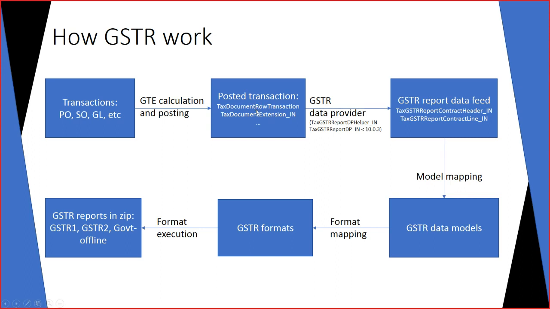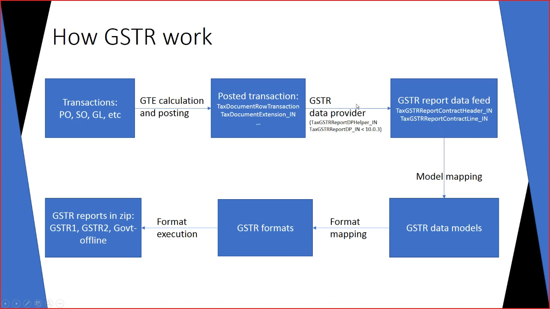Once we have all the data in this set of tables, in the system we have the GSTR data provider, which is a set of classes which will build the data in the format of tax GSTR report contract header and tax GSTR report contract line _IN, and then later on we'll fill it into the GER model.